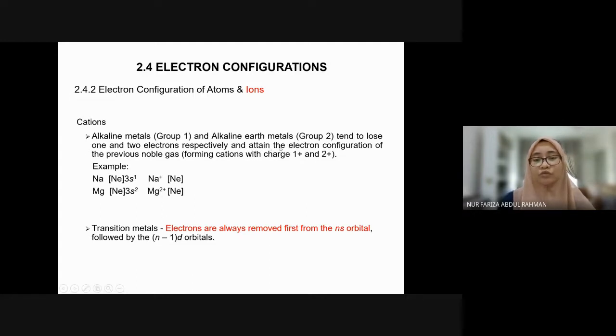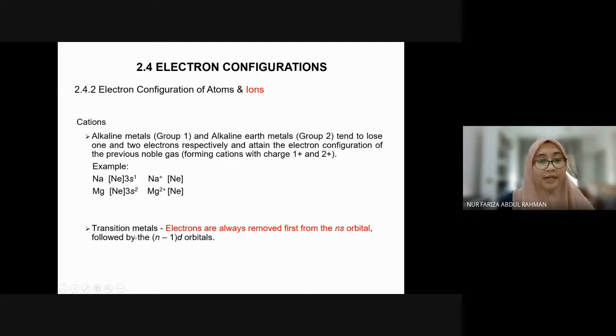In order to attain the electronic configuration of the previous, dia nak jadi macam previous noble gas. So sodium will remove 1 of its electron to become sodium plus. Once it becomes sodium plus, they achieve the neon electronic configuration. Magnesium too. In order to become like neon, it has to remove 2 of its electrons.